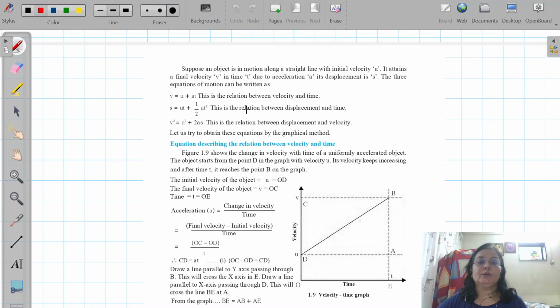So there are three Newton's equations of motion. v is equal to u plus at, s is equal to ut plus half at square, and v square is equal to u square plus 2as.